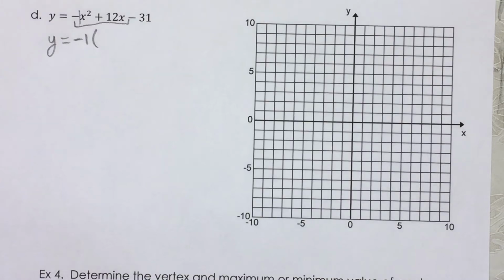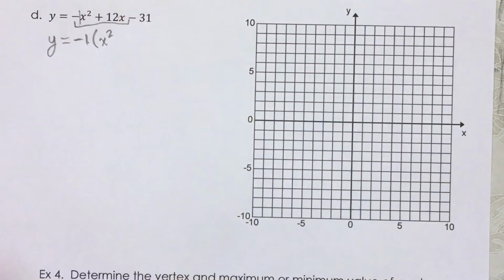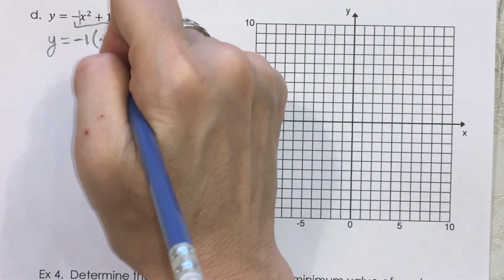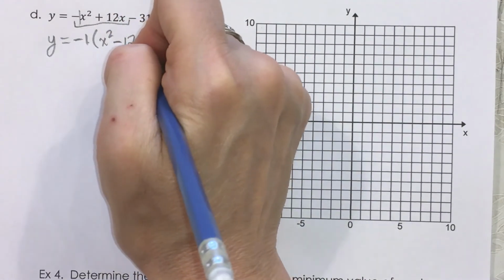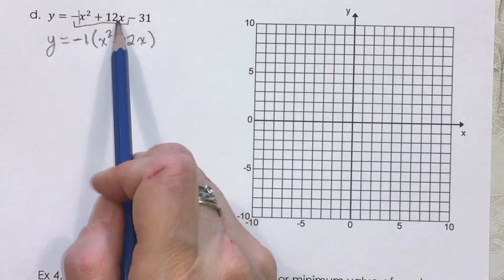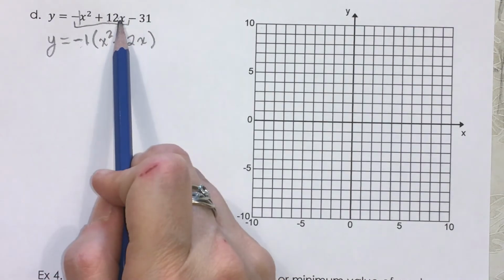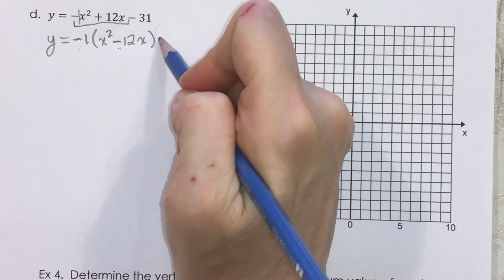So negative 1x squared divided by negative 1 is x squared. Positive 12x divided by negative 1 is negative 12x. That's probably one of the other common mistakes I saw in grade 10, not taking into account what this sign should be. 12x divided by negative 1 is negative 12x.